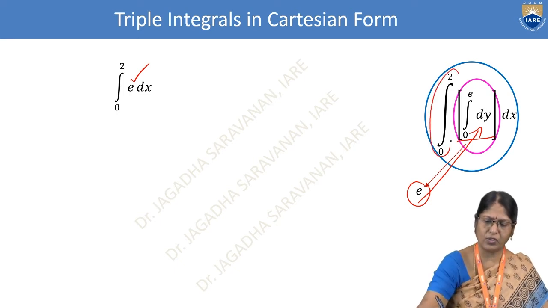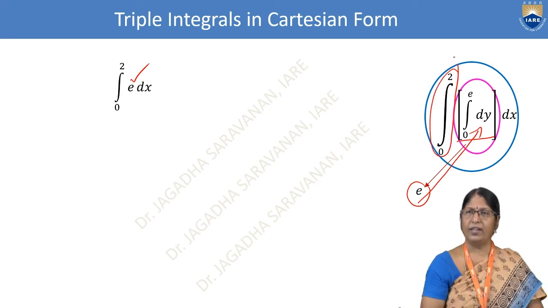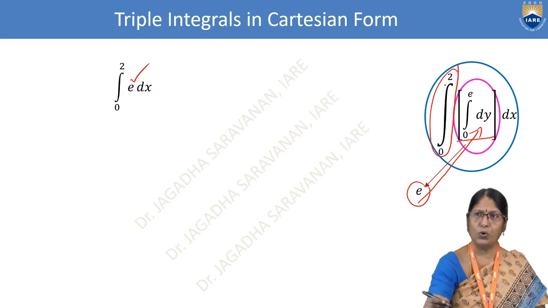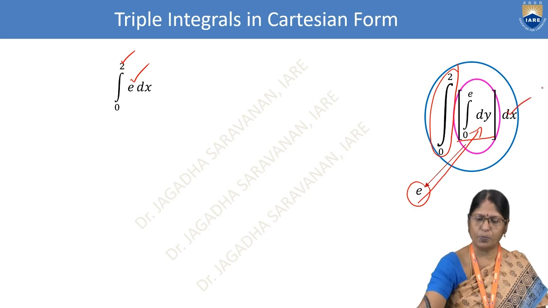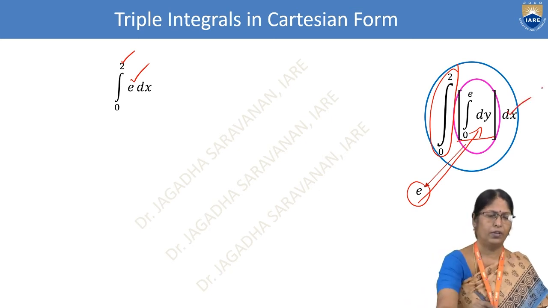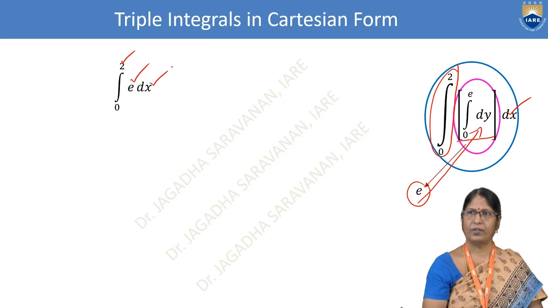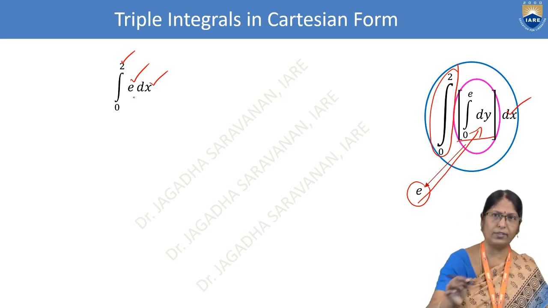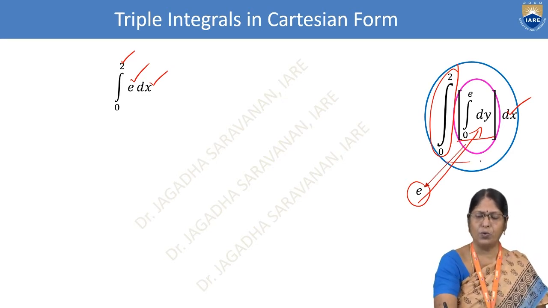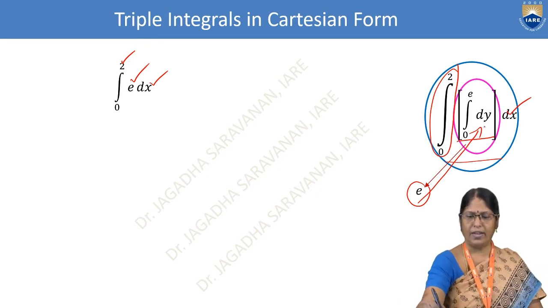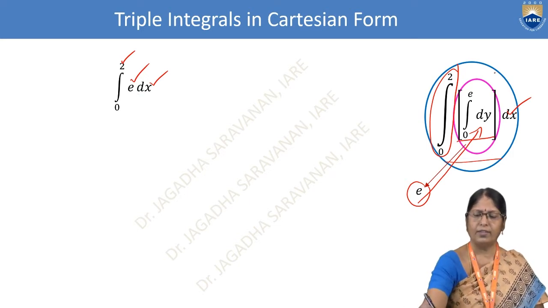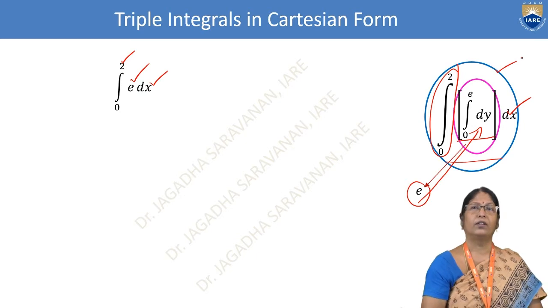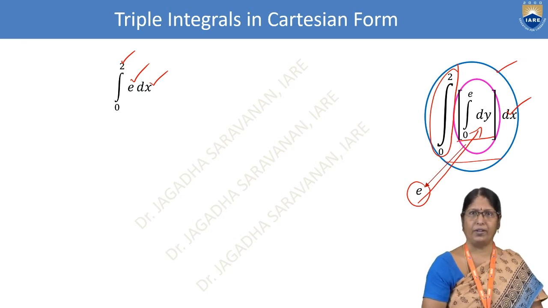So next, the middle integral, the limits from 0 to 2, is written here. That is with respect to x we are going to do, so the dx. So if we solve this integration, then the innermost will already be completed. Now if we integrate the middle integration, that work is also completed.